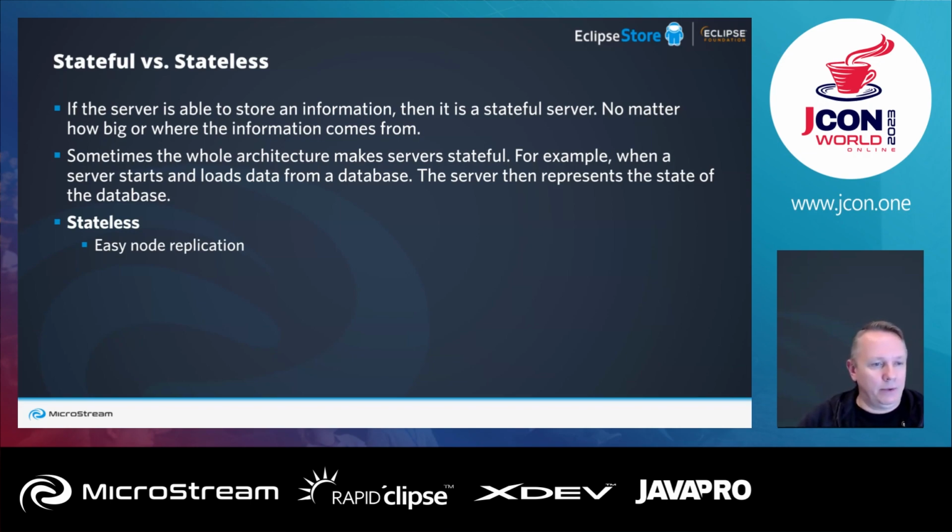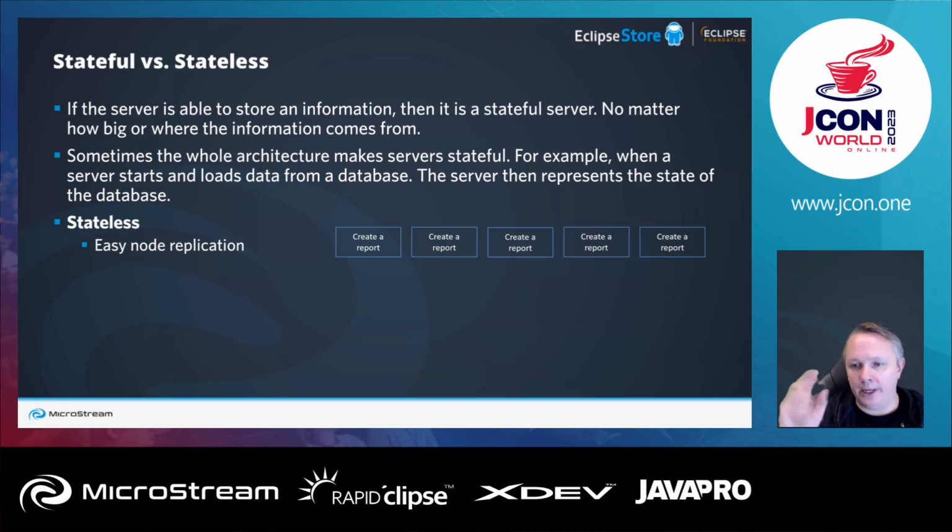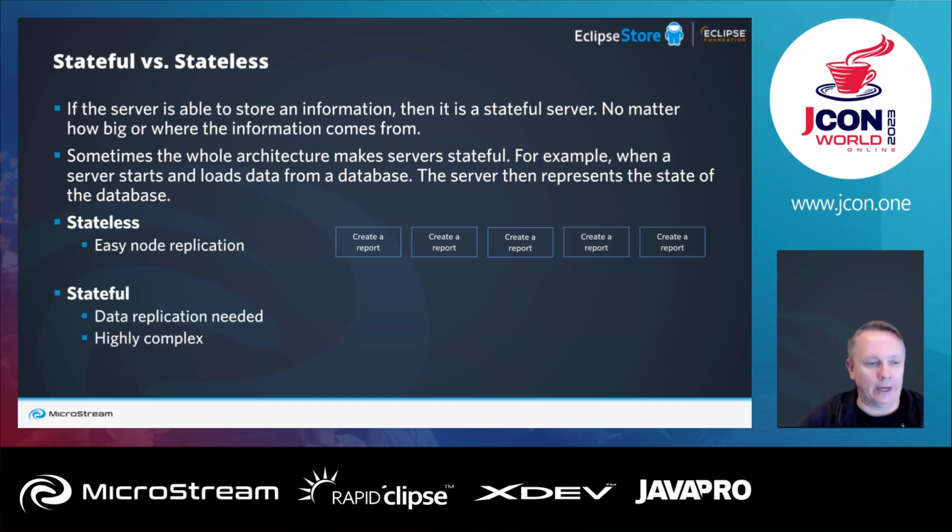And as I said, with the stateless point, it's an easy node replication, right? Let's imagine we have one node to create a report. We could have thousands of nodes that create reports for us. No matter how many concurrent users want to create a report, we can create more and more, and this is quite easy.